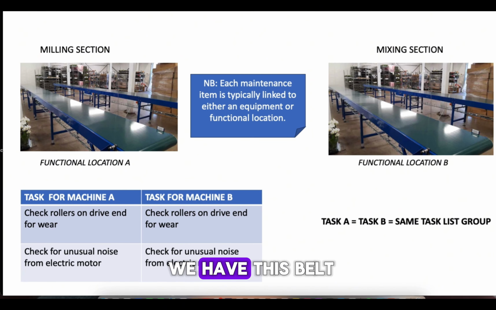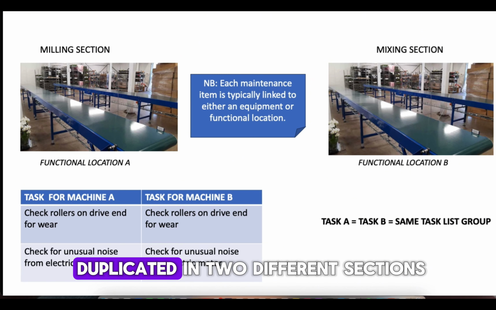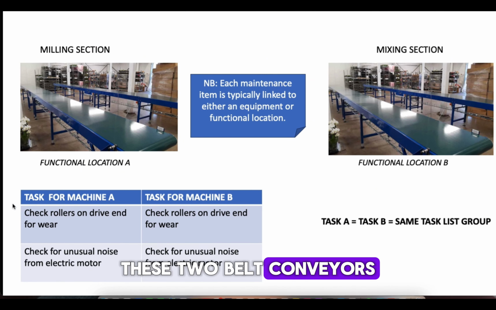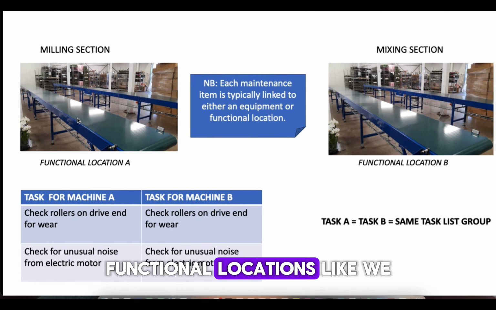Now we can see that we have this belt conveyor duplicated, but they are duplicated in two different sections. The first section is in the milling section, and the second section is in the mixing section. So it simply means that these two belt conveyors are located in different functional locations.